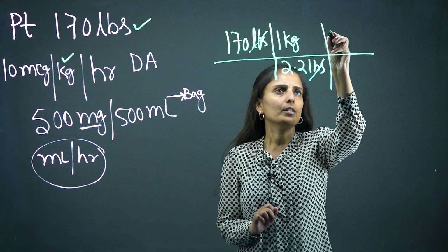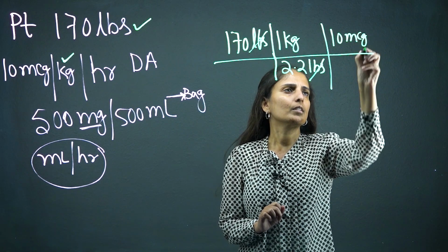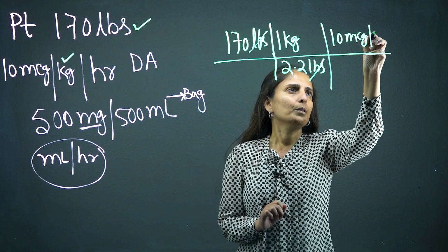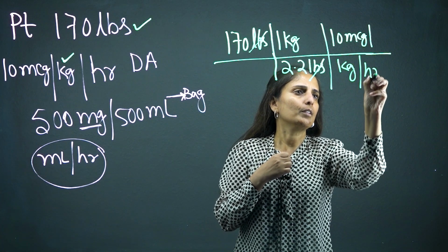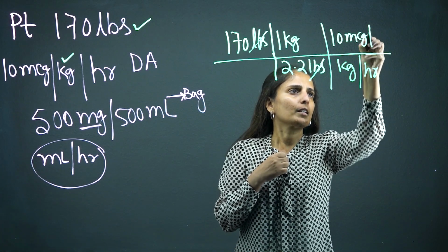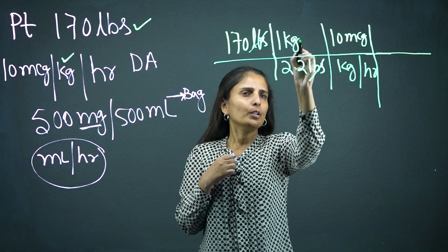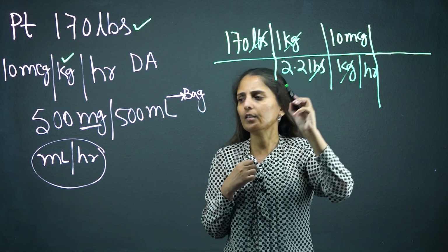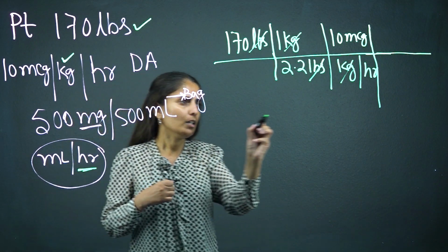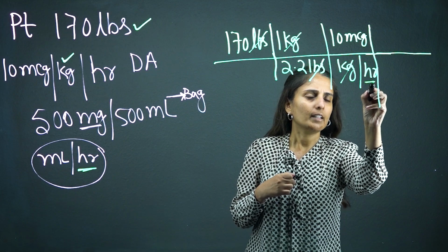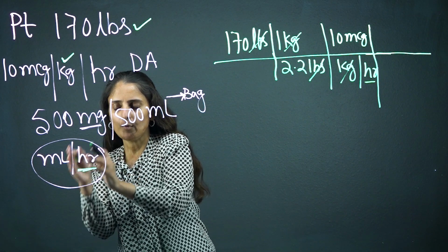So what we're going to do is 10 micrograms per kilogram per hour, all right? Here your kilogram and kilogram are going to cancel out. So remember, your hour should be on the bottom because that's how you're going to calculate how many mLs, volume over time.